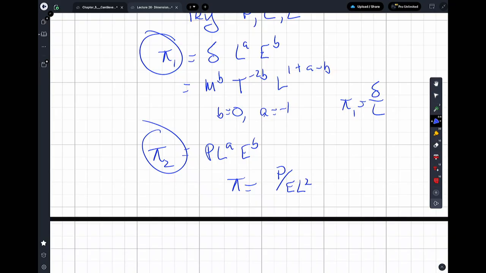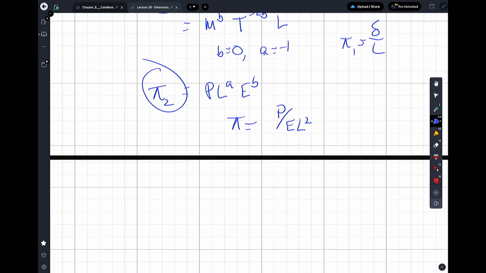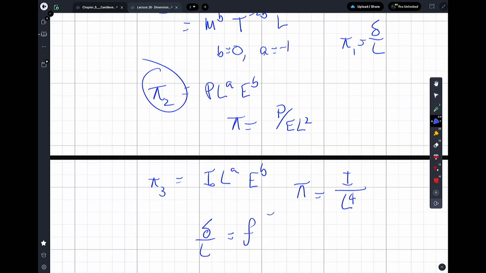And finally, pi 3 equals I, L to the A, E to the B, and pi 3 is I over L to the 4th. So delta over L is a function of P over E L squared, and I over L to the 4th.